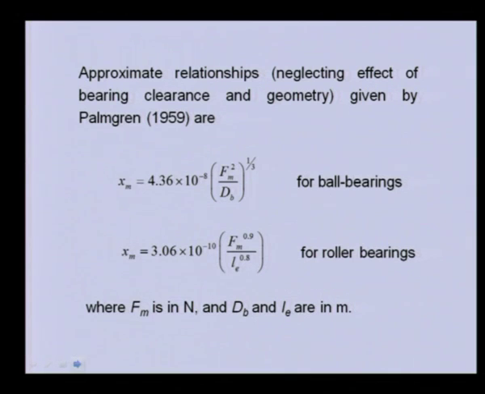The same relations are given by Palmgren. These are approximate relationships in which we neglected the bearing clearance and geometry. Similar relations based on experiments can also be used, where dB is the ball diameter and L is the effective length of the roller. This is for ball bearing and this is for roller bearing.